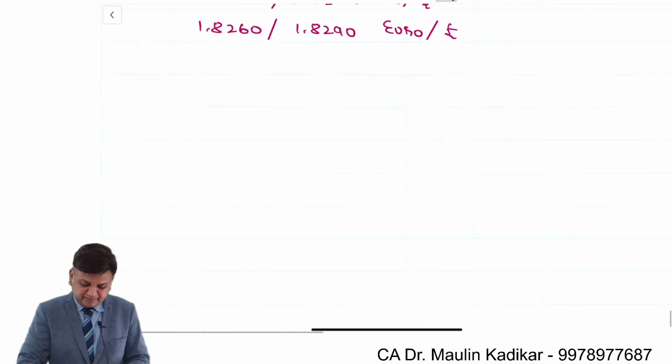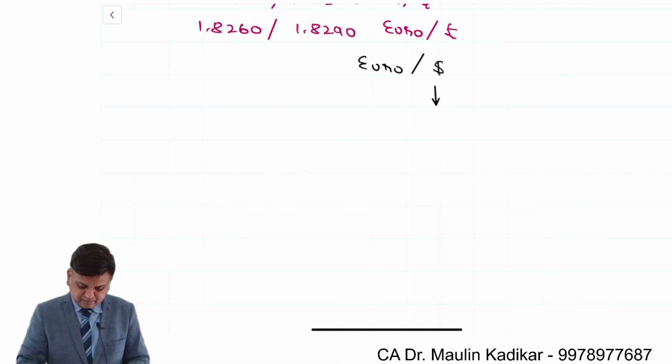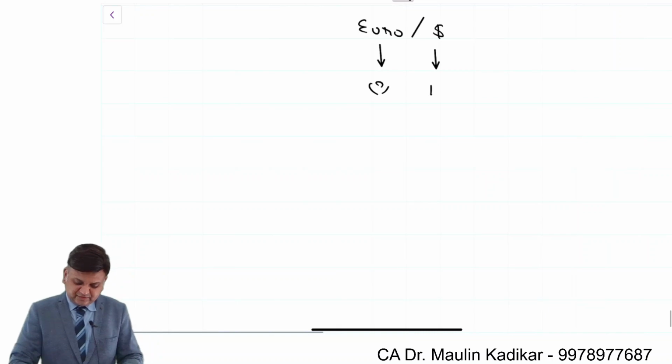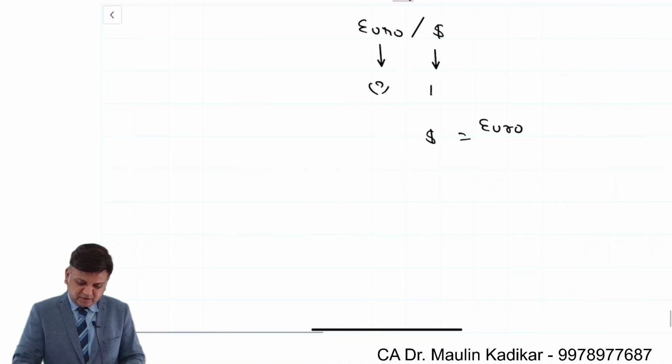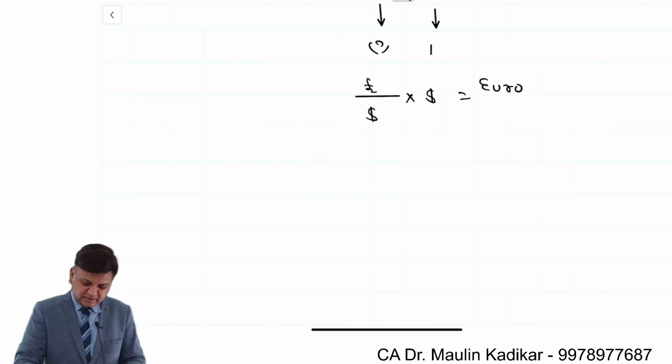Now we will have the equation like this: euro per dollar. So $1 is equal to how many euro? That is the question. So euro is the final answer. Answer is required per dollar. Against dollar, which currency is given? Pound. And against pound, which currency is given? Euro.